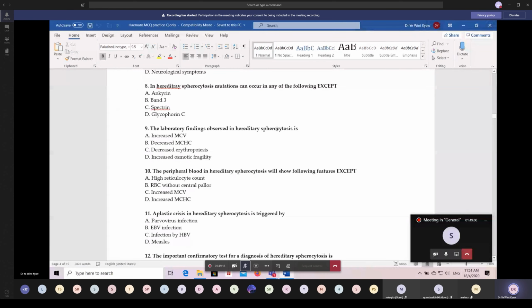Water cannot enter much more, and the cell can be destroyed easily, so osmotic fragility is increased. A normal RBC is biconcave in shape, so the water can enter up to certain levels. So osmotic fragility of the spherocyte is increased because of the already round shape. If a little bit of water enters, it can burst easily.